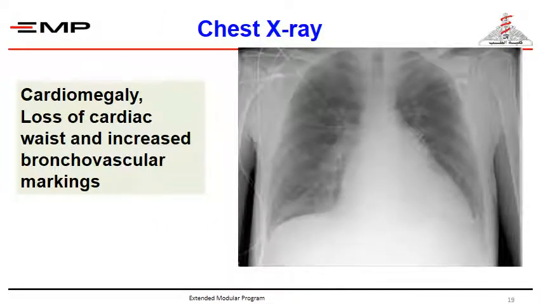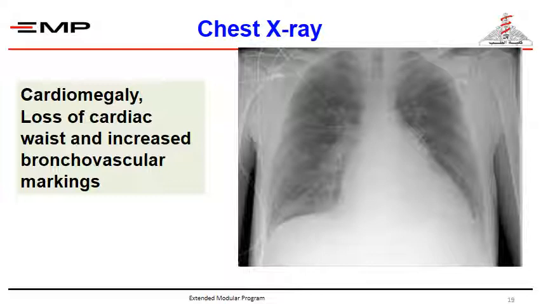Look at this X-ray, there is cardiomegaly, increased cardiothoracic ratio. There is loss of the cardiac waist. Look at where the pulmonary artery is. Where is the pulmonary artery?